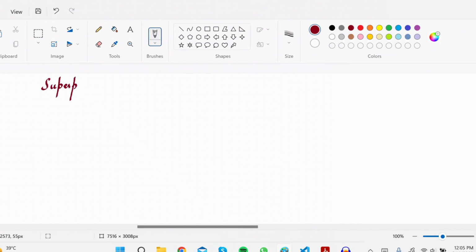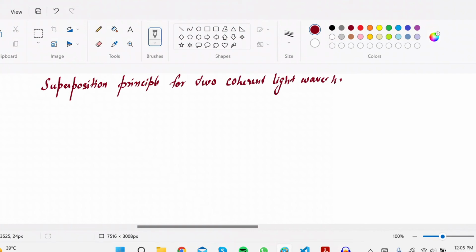Superposition principle for 2 coherent light waves having a constant phase difference between them.